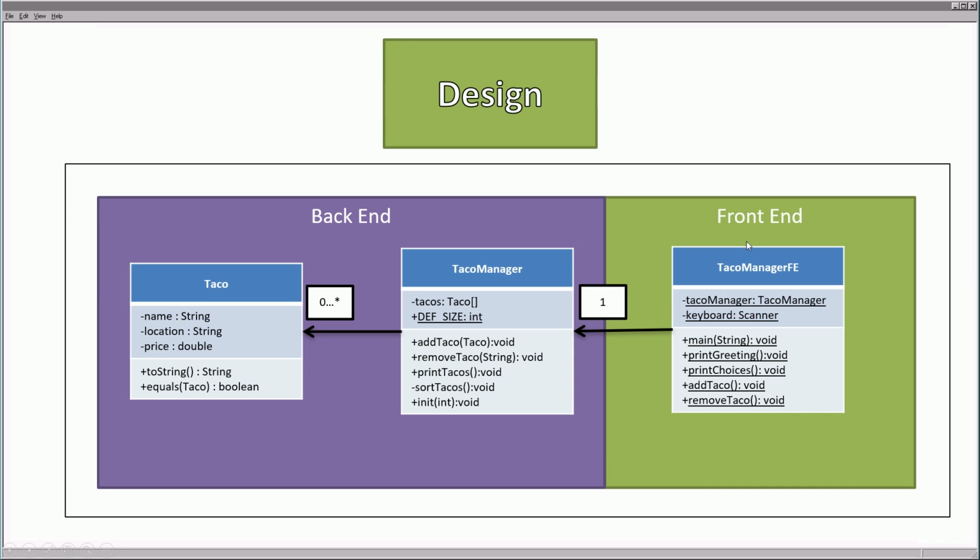All of this is how the user is going to use the back-end functionality. So this method add taco is going to use the add taco method from our Taco Manager, and same thing for the remove taco. The only difference is this is going to provide the interface in which the user can now use this software. Now that we have designed our software, we now move on to implementation.